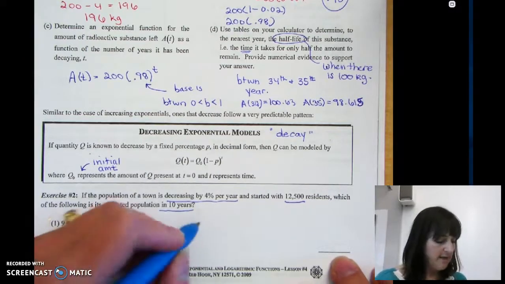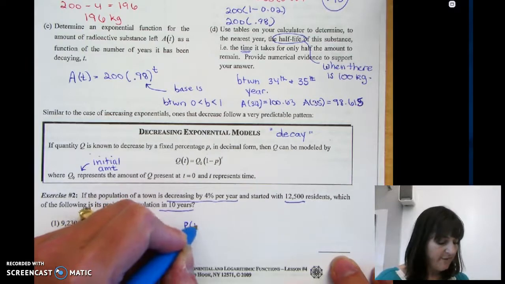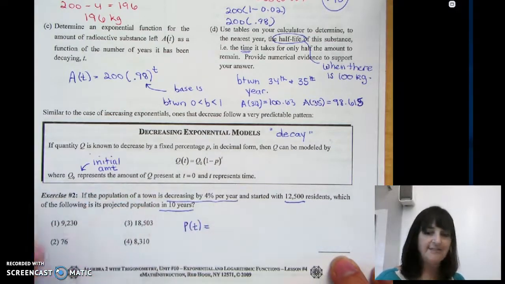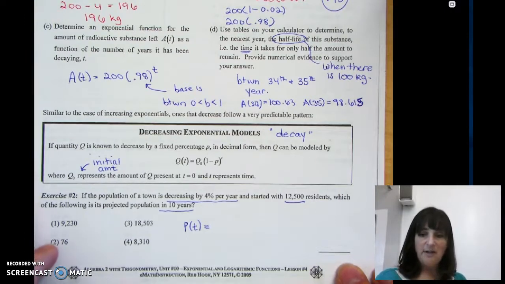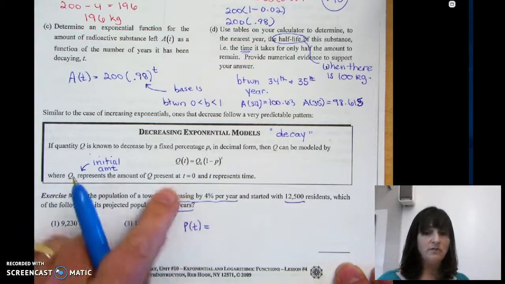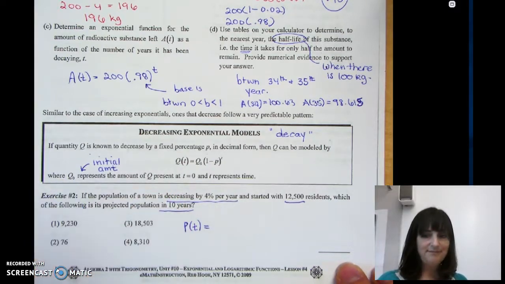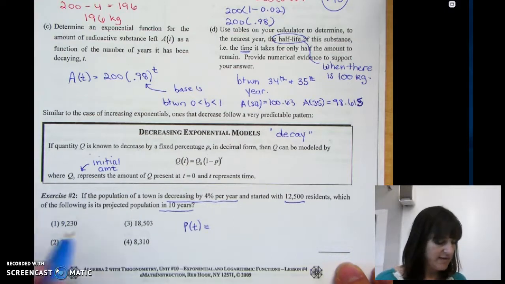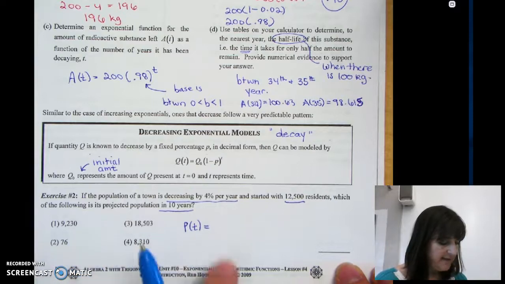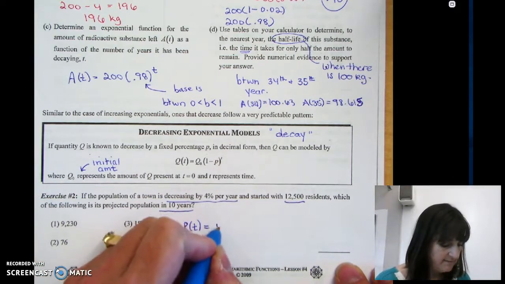So I'm going to give you a minute to start off by writing the P of T equation. All right, so let's pause the recording and maybe work with a partner to write the P of T equation we would use for this decreasing exponential model. Okay, hopefully you've had enough time to work on this problem, and we're going to plug in 12,500.